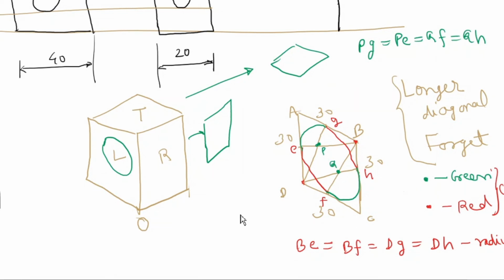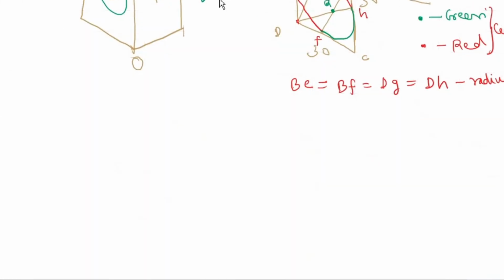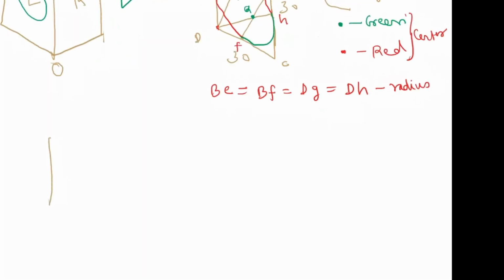Similarly, if you want to draw it on the other side, I will quickly tell it to you now. For drawing it on that side, what will we do? We'll draw like this. Okay, so now we are not interested in the longer diagonal, we are interested in the shorter diagonal only. So which one is giving the shorter diagonal?